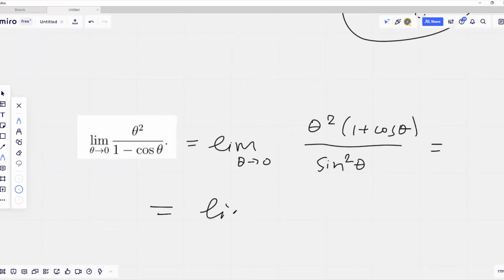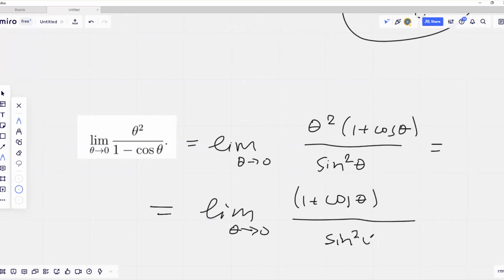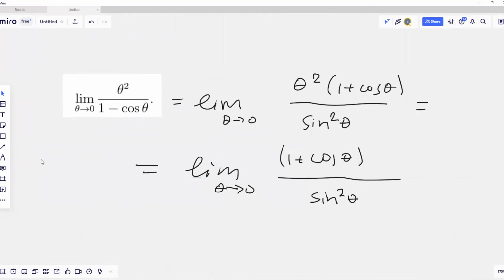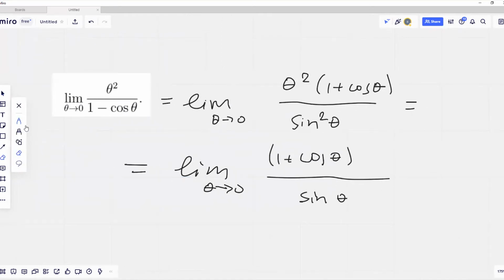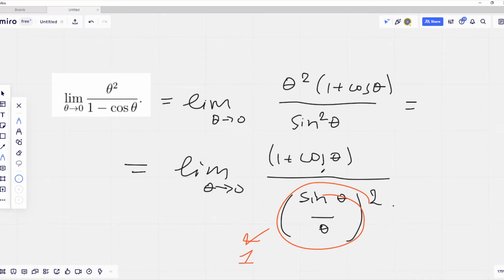So this is the limit when theta is approaching 0 of 1 plus cosine of theta, which is fine since this is simply 1 when theta goes to 0, divided by sine of theta squared, or let's write this down as sine theta over theta, squared. Okay, then when theta is approaching 0, this goes to 1, and that goes to 2. Right, so the answer is then 2.